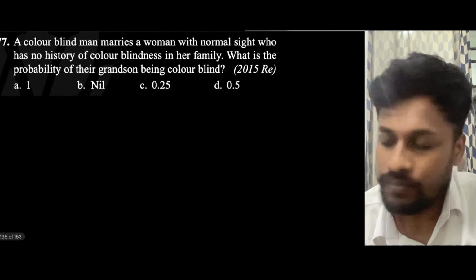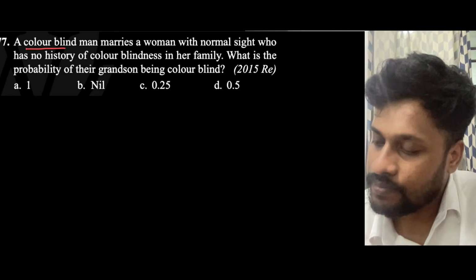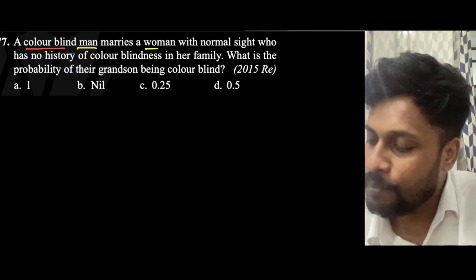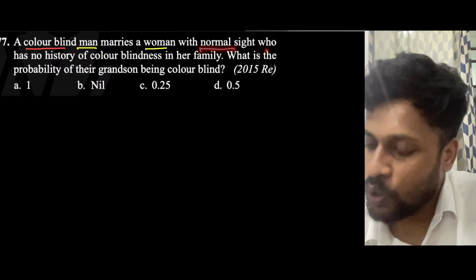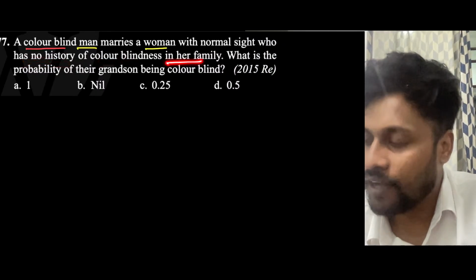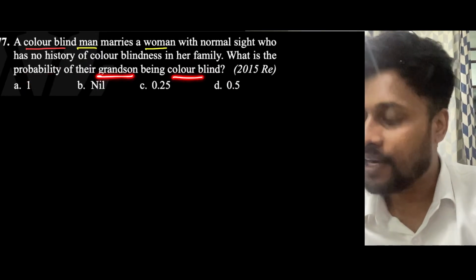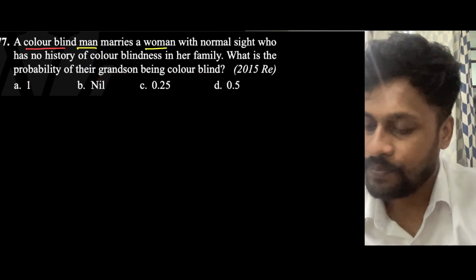Okay, now a colorblind man marries a woman with a normal sight who has no history of color blindness in her family. What is the probability of their grandson being colorblind? Nice question.